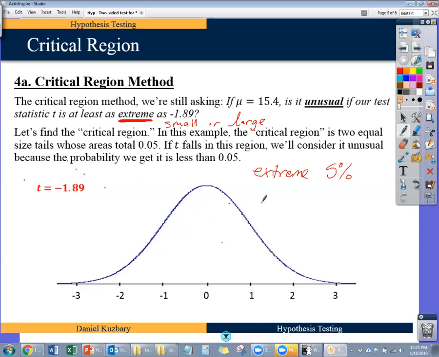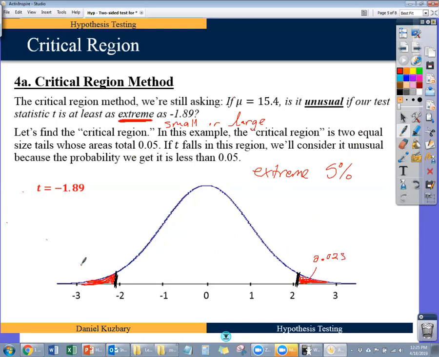So our extreme 5%, really what that means is we're going to have two tails, and together their area has to equal 0.05. So total, these two areas need to be 0.05. We'll make that a red region. And if both of the areas together are 0.05, and if they're symmetric, that means this area is equal to 0.025.